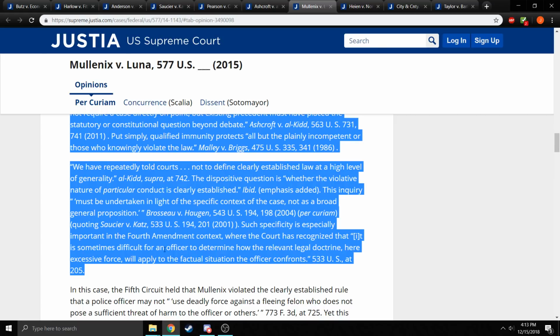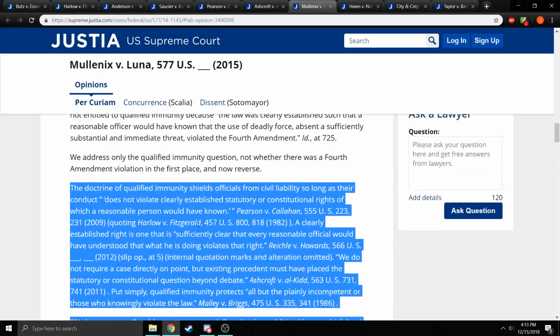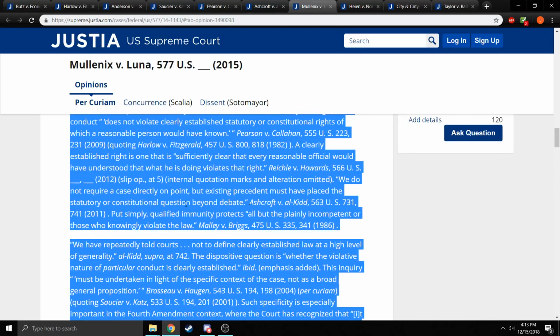Such specificity is especially important in the Fourth Amendment context, where the court has recognized that it is sometimes difficult for an officer to determine how relevant legal doctrine, here excessive force, will apply to the factual situation the officer confronts. So you notice in here they're not talking about a persuasive, a robust collection of persuasive authority. They're requiring it to be on point. And this is 2015, so bear that in mind.